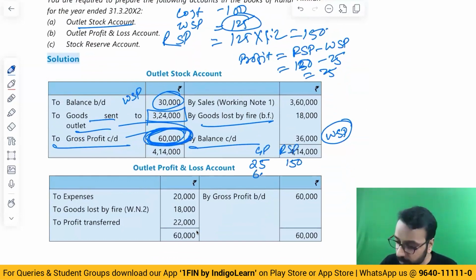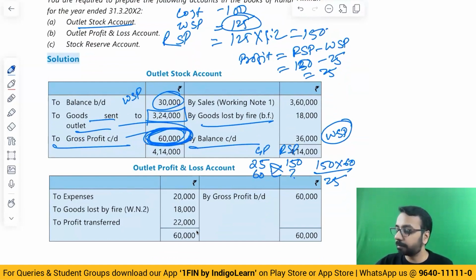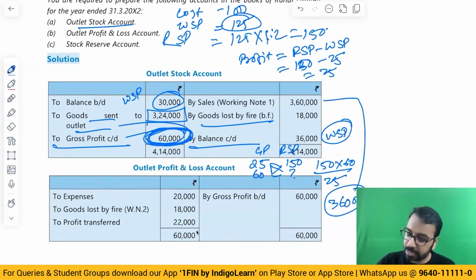So if gross profit is 60, how much is the retail selling price? You can do a cross multiplication. 150 into 60 divided by 25, we get 360,000. So this is the sales number. And the balancing figure is goods lost by fire. Okay, so that's the first thing.